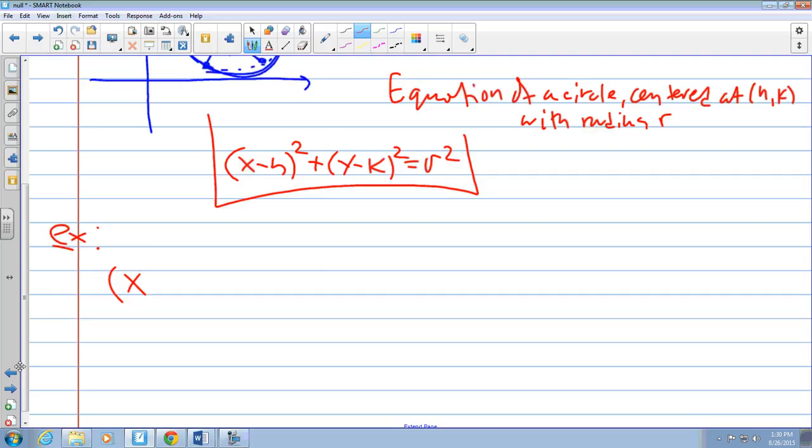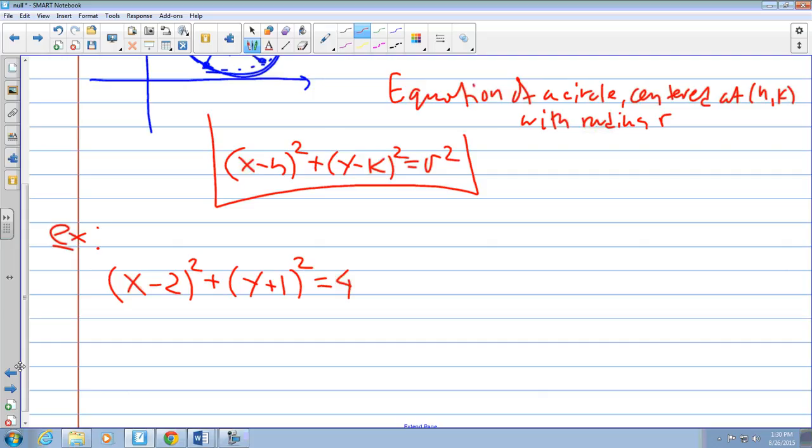So let's say x minus 2 squared plus y plus 1 squared equals, how about 4? It is a circle, yes. What is the center? 2, -1, that's correct. What is the radius? 2, very good. Isn't that a fun game?